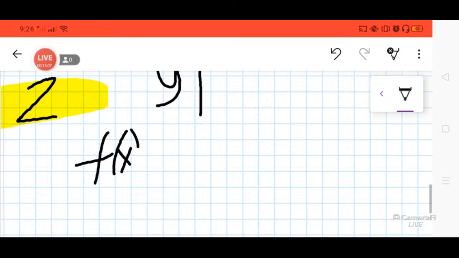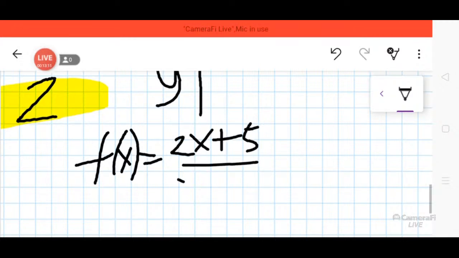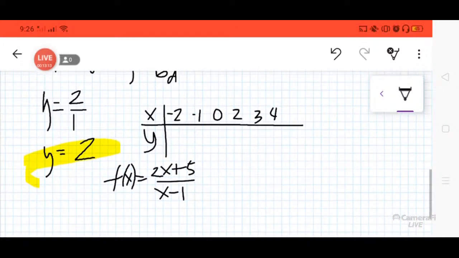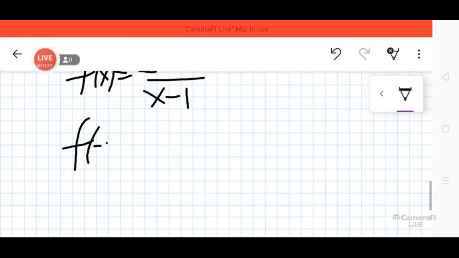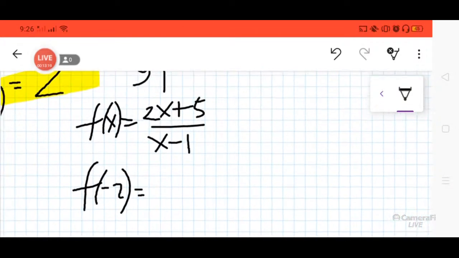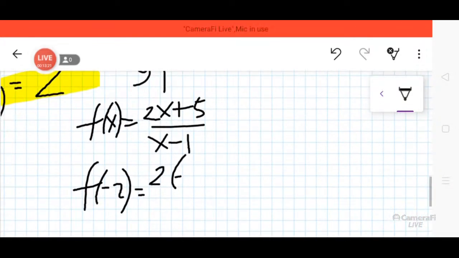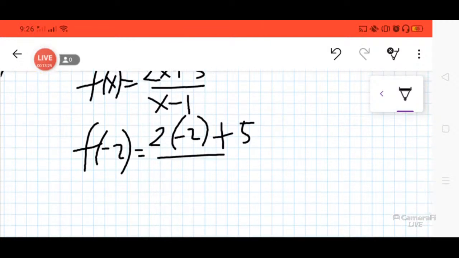For f of negative 2, that is 2 times negative 2 plus 5 over negative 2 minus 1.